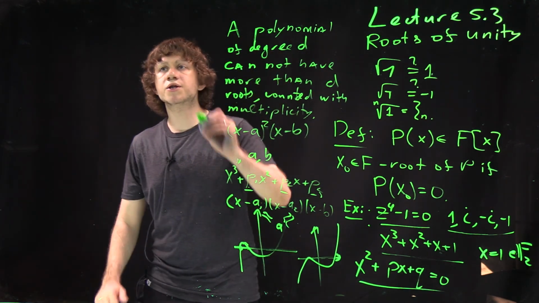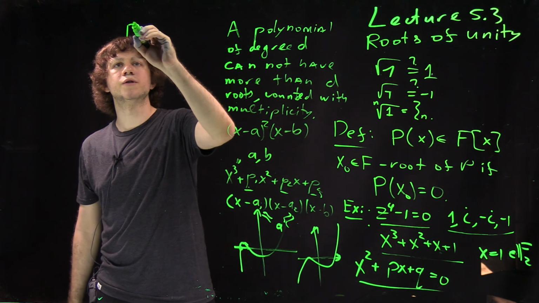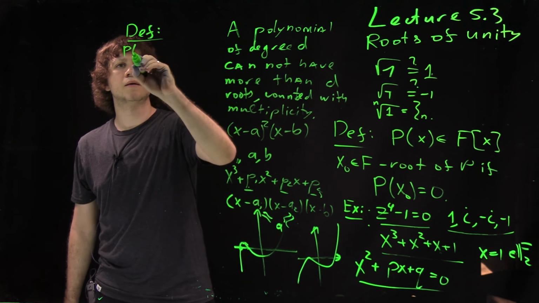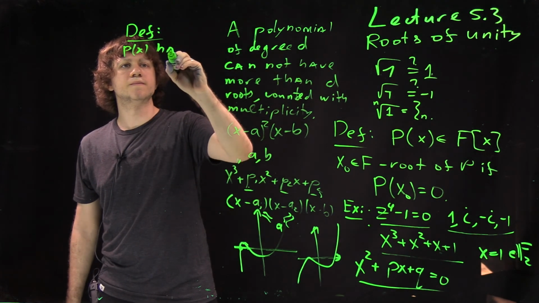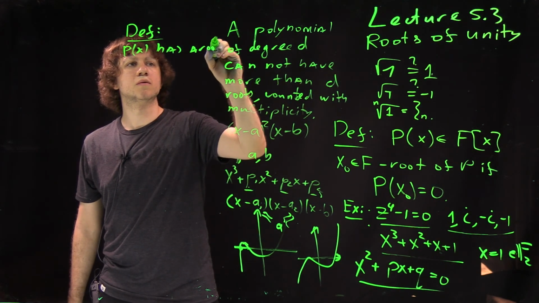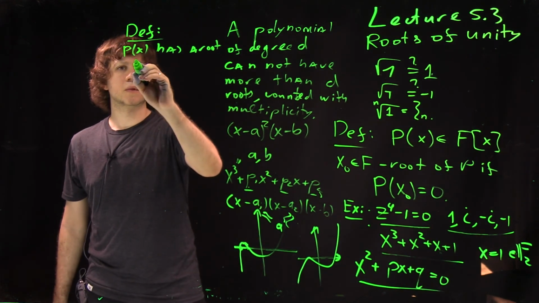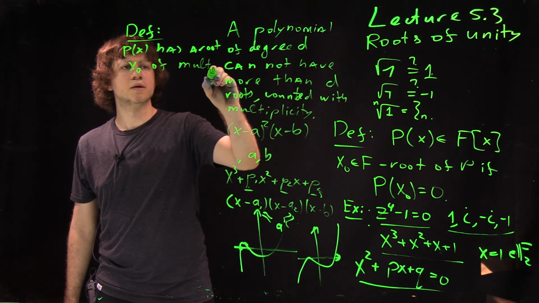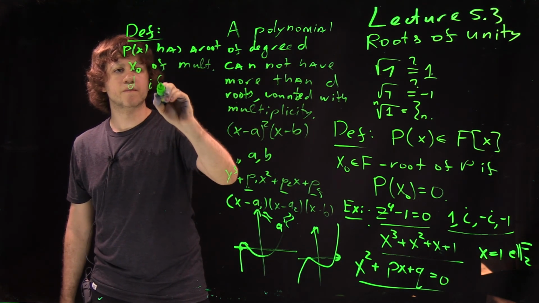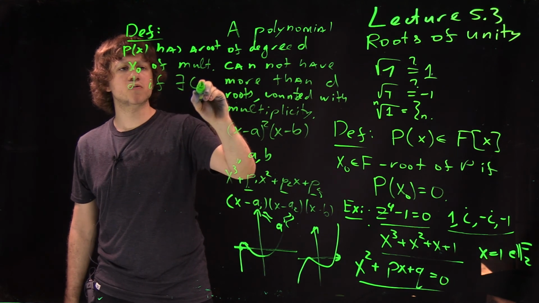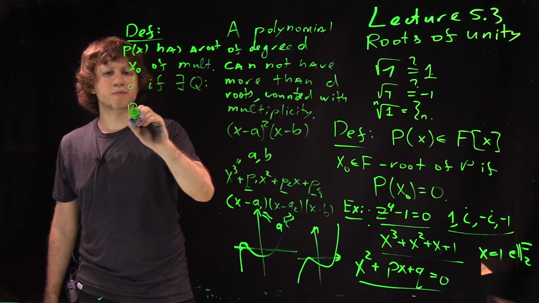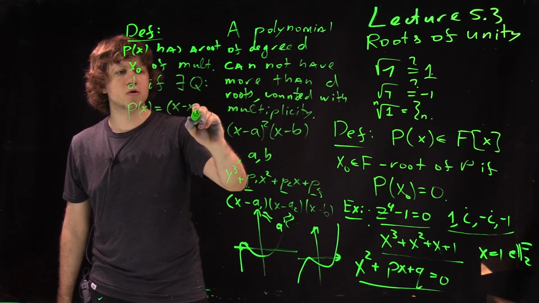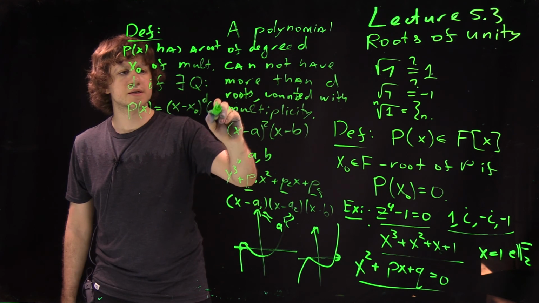So the definition is as follows. p of x has a root x0 of multiplicity d if there exists a polynomial q such that p of x equals (x minus x0) to the power d times q of x.